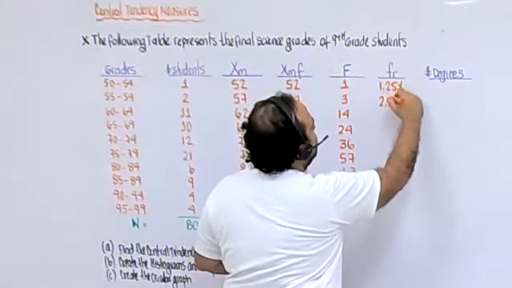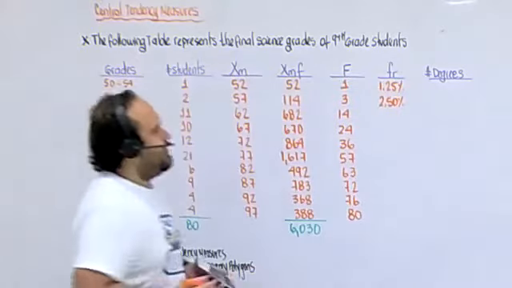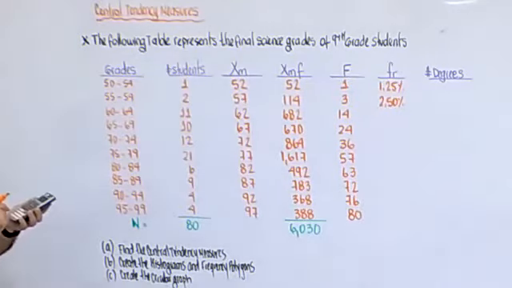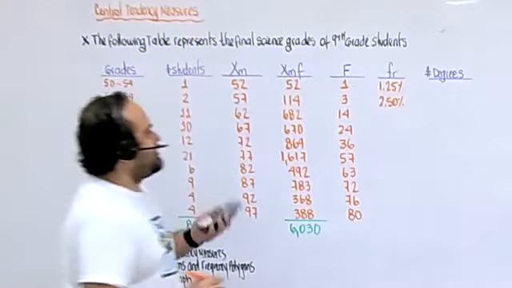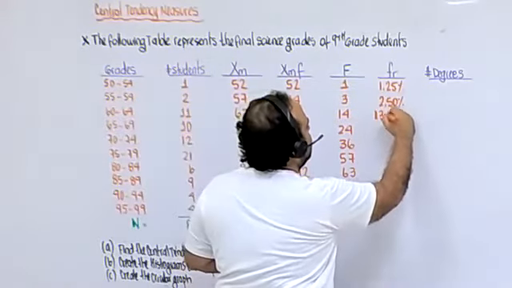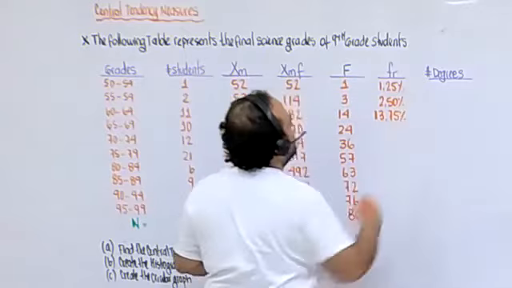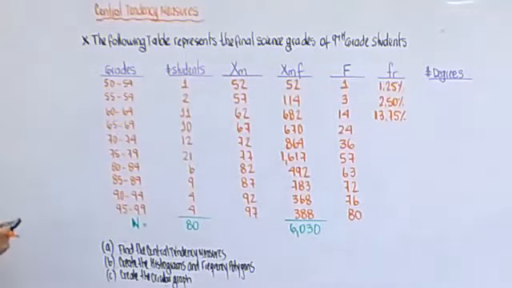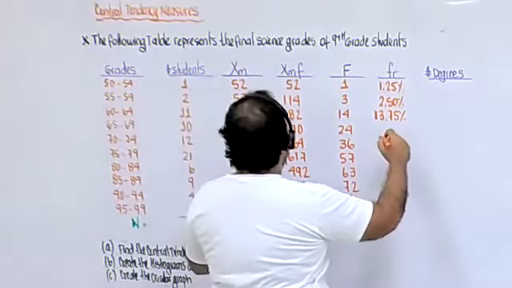I'm going to use 2.50 because I want to maintain the order with the percentage, okay? 11 divided by 80 times 100% will be 13.75%. Next one, 10 divided by 80 times 100. The answer will be 12.5, right? Or 12.50.